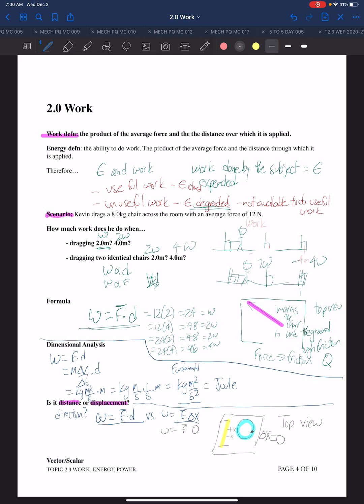And so that's one bit of evidence that the formula we have is work equals force times distance and not force times displacement. For if it were displacement, then clearly in situations where we've done work, we would say that no work was done. And so since we are using distance instead of displacement, we say that work is a scalar quantity. It does not have direction.